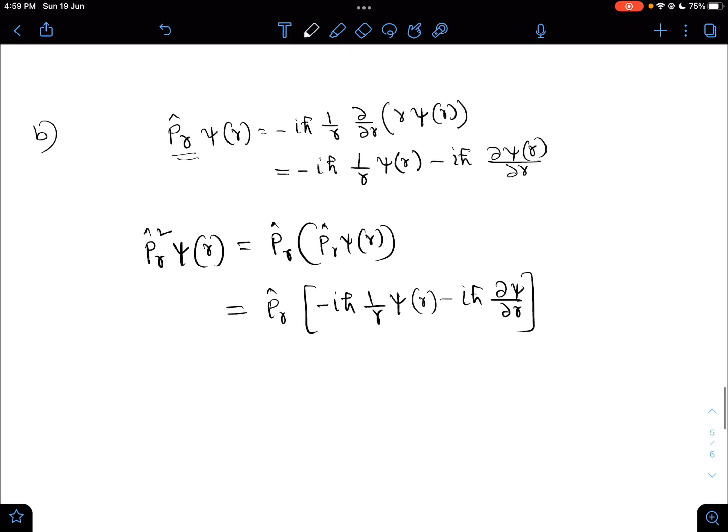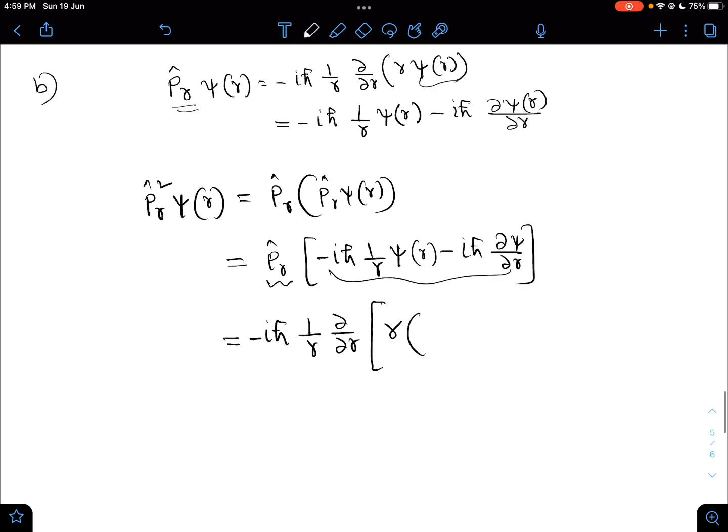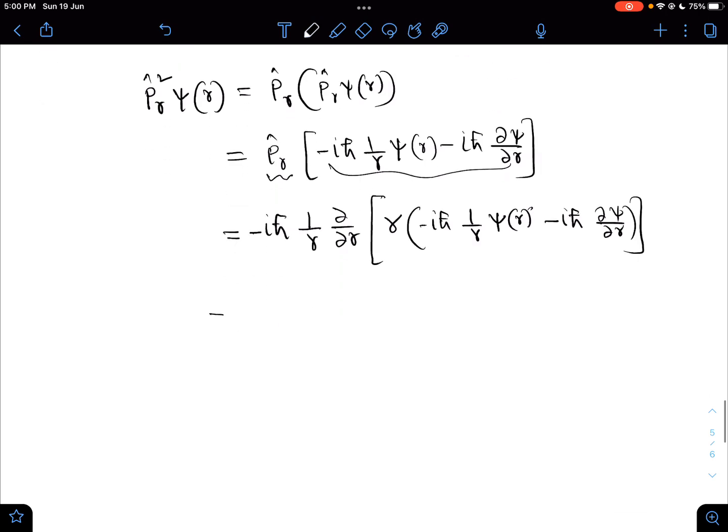Now what will we get? If we write down P_r, we get minus i h cut 1 by r del by del r of r times psi(r), and in place of psi(r) we write this: minus i h cut 1 by r psi minus i h cut del psi del r. We can take out the common minus i h cut.